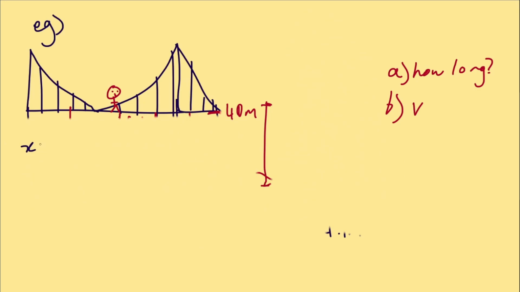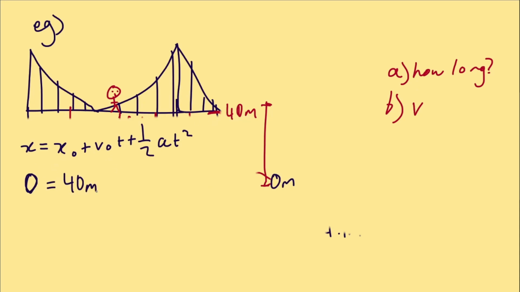Let's use the same equation because we're still looking for displacement. We're going to plug everything in. Final position is actually 0 here, because 0 meters is at the bottom of the bridge. The starting position is 40 meters.